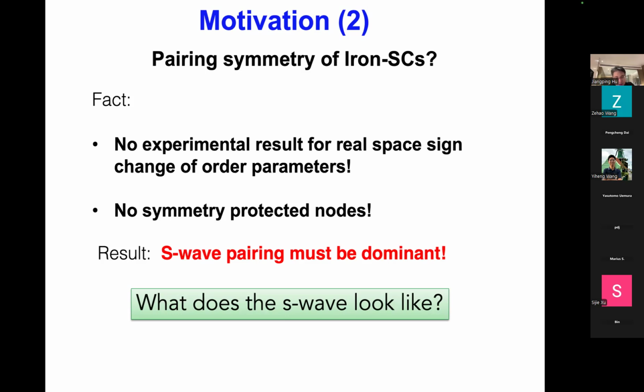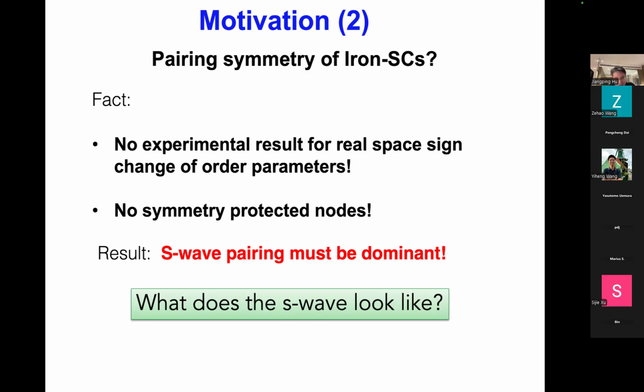So without these two things, the result, I think, is very clear: the iron-based superconductor is probably S-wave pairing symmetry. Or another way to say it is that S-wave pairing must be dominant in iron-based superconductors.